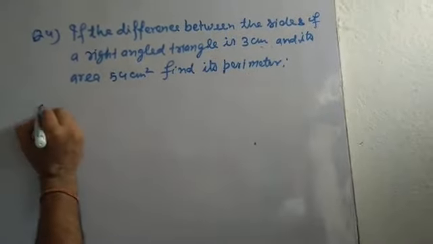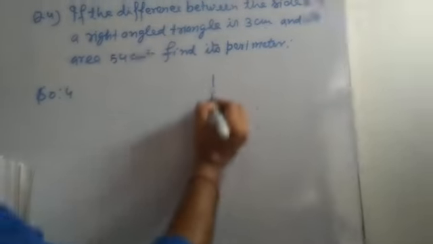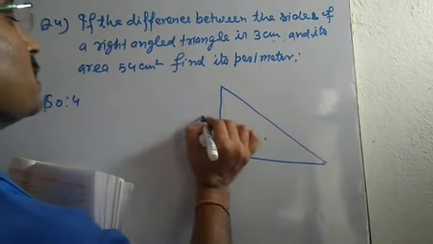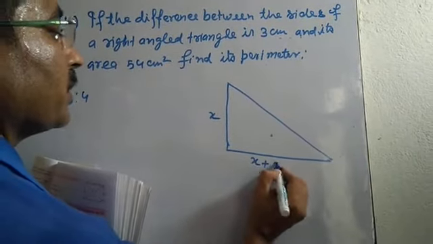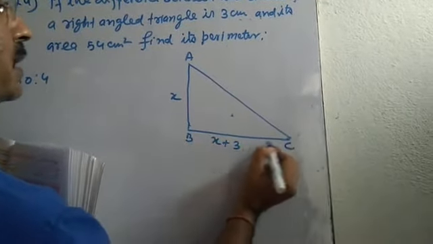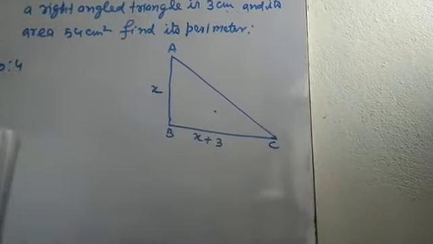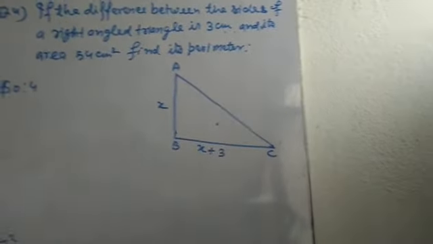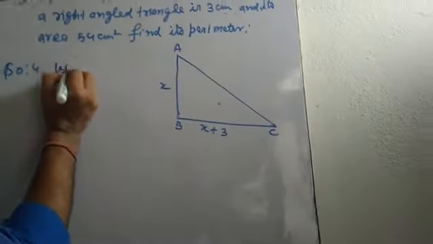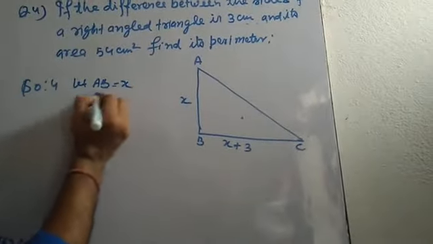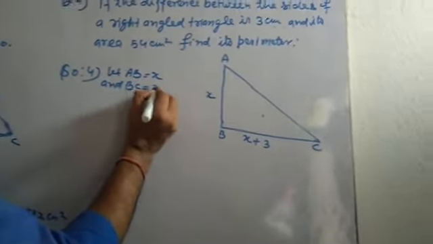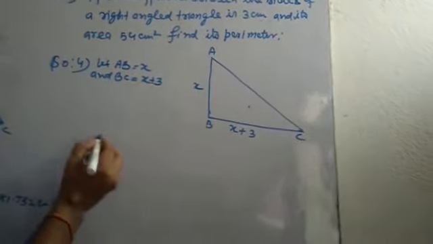Now your solution. Let this be x and this is x plus 3. Let AB equal to x and BC equal to x plus 3, because that is the difference.